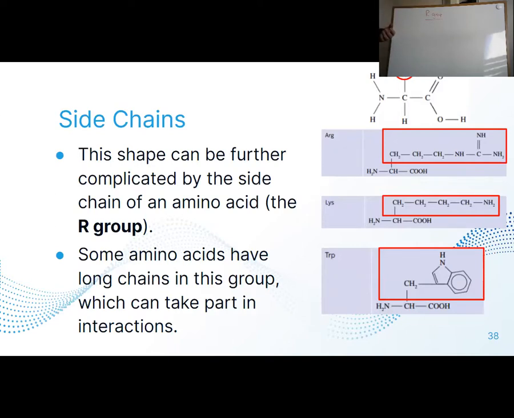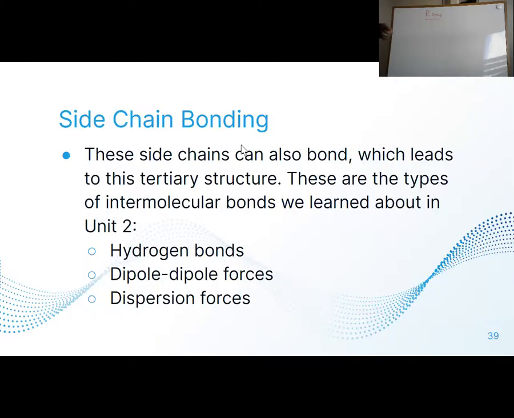But the different amino acids can interact with each other and form, remember, all of our intermolecular bonds. Once they're in that secondary structure, which has to do not with the R groups but just the bits of the amino acids that are common to all of them, now we're looking at the R groups.